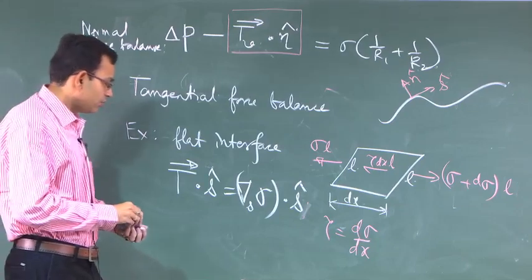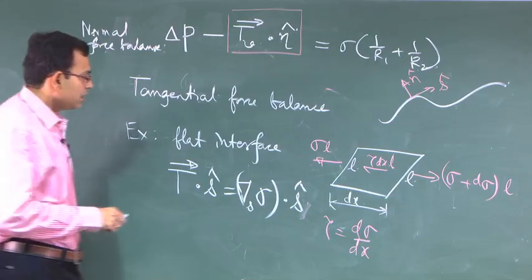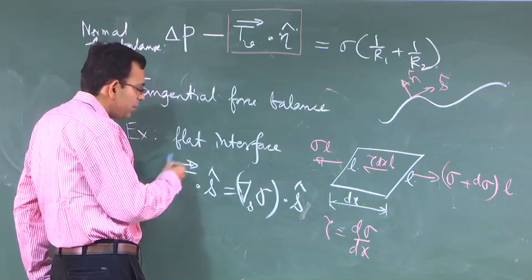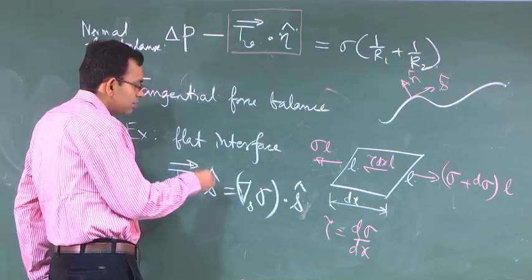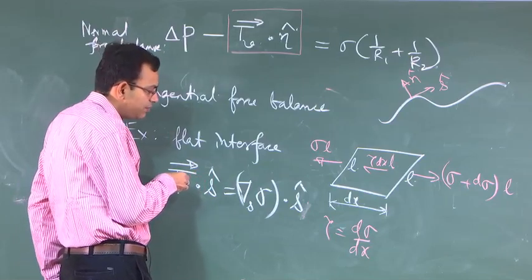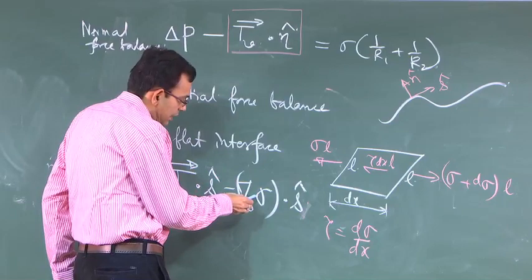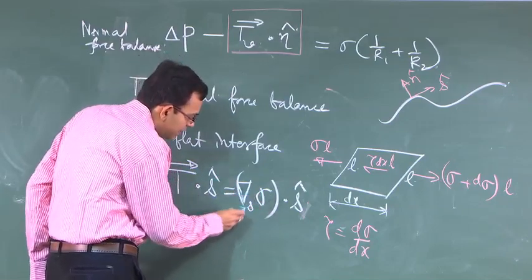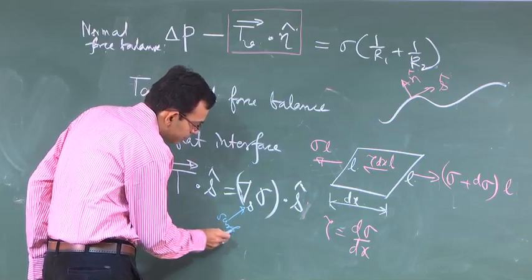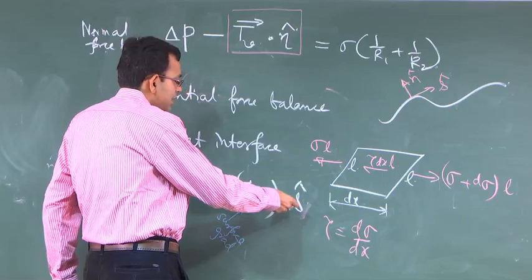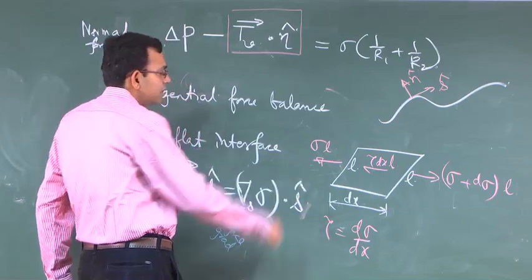So, what we have done is we have taken the s component, the tangential component of the stress which is coming through the traction vector, is a gradient operated on sigma. This is called the surface gradient, dot with s, because it is in the direction of s, the force in the direction of s.